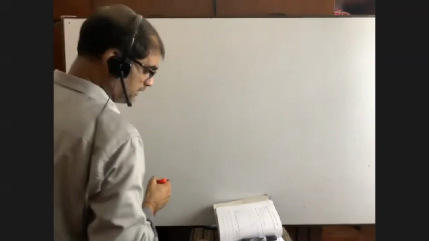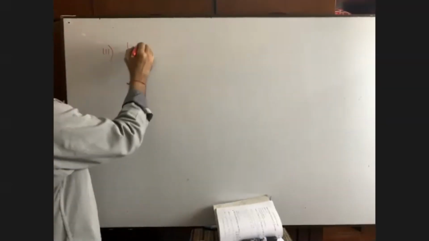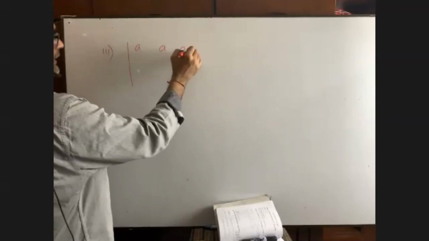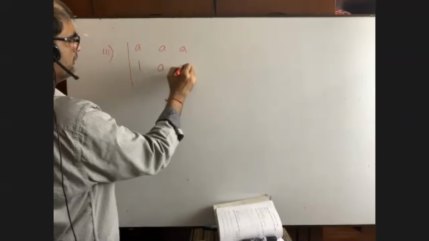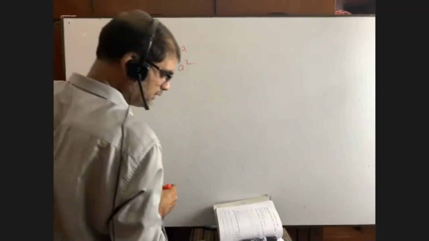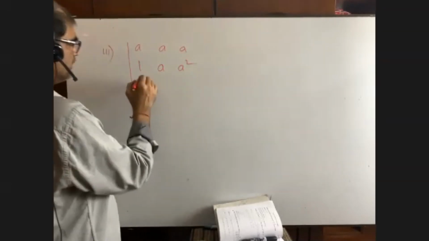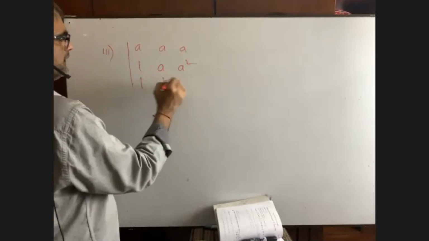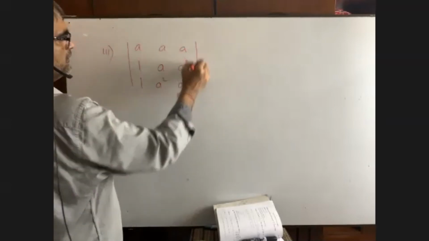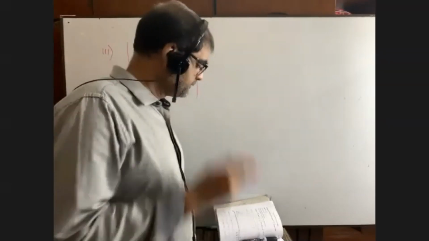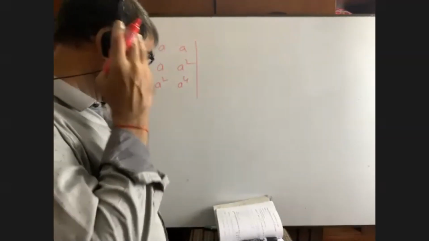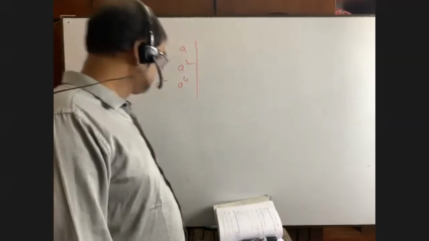Another math, that is question number 3 of this exercise. Left hand side as usual, a, 1, a square, then 1, a square, a4, 1, a square, a4. Okay, the math is done.